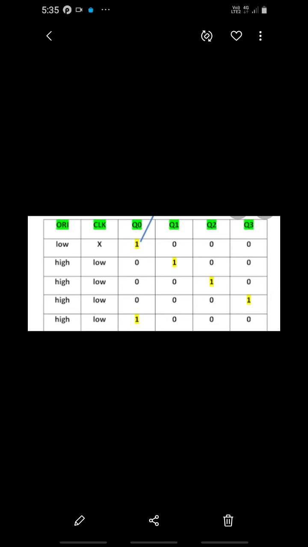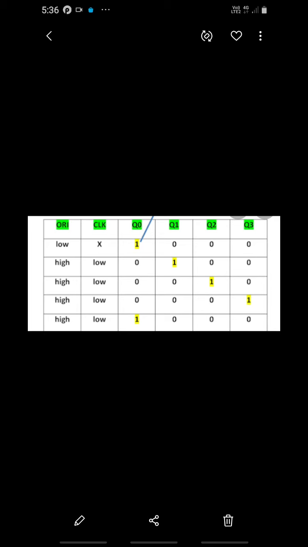So this is the truth table as shown in the above PPT. When preset goes low, then back to high, the initial output word is Q equal to 1 0 0 0. In the first negative clock edge, the MSB shifts into the LSB position.